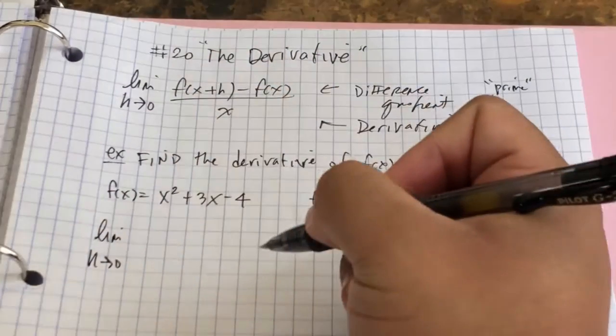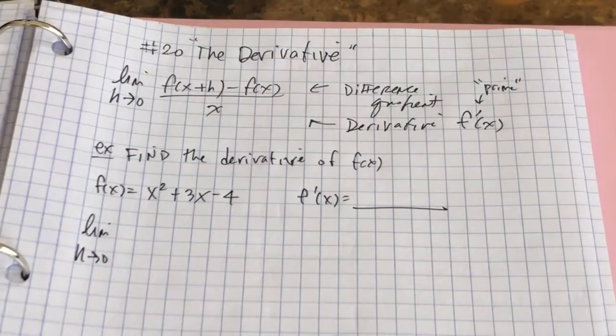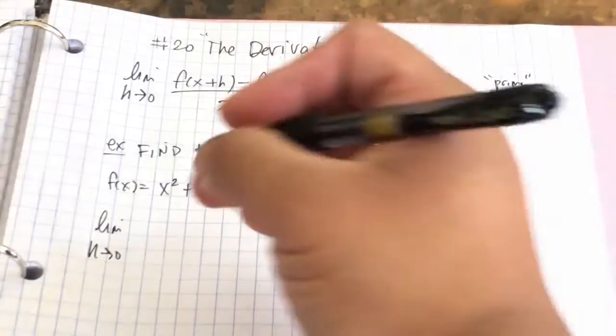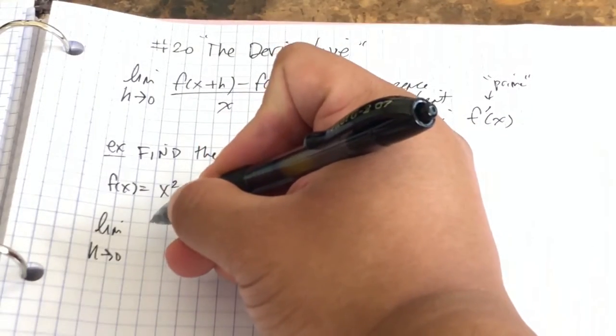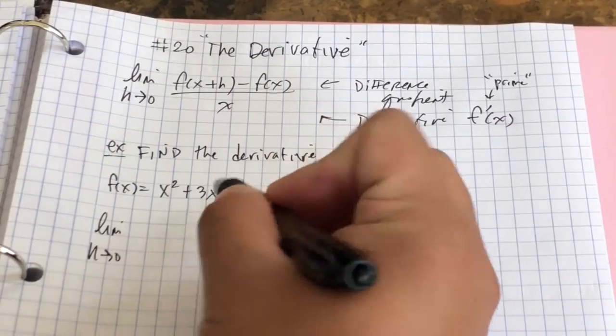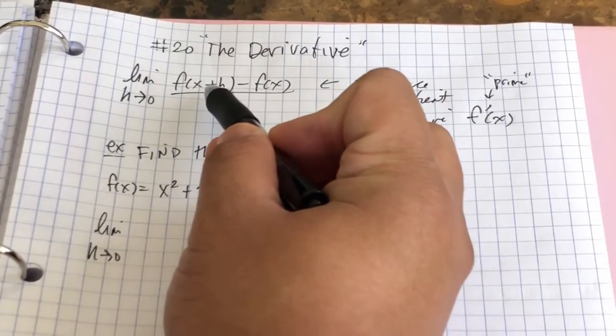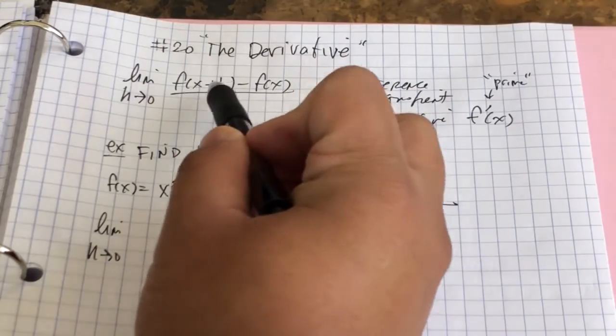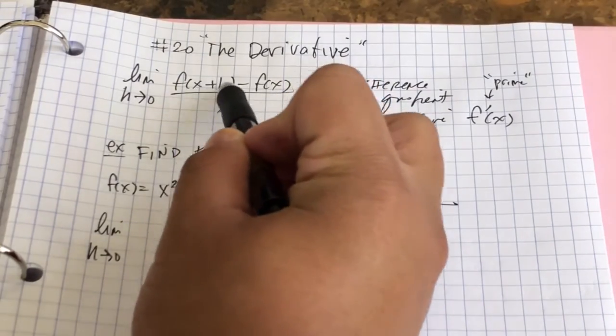Now, for those of you who have learned calculus before, please don't spoil what's about to happen. Anyway, so what we're going to type is, instead of x squared plus 3x minus 4, as defined by the difference quotient, it's going to be f of x plus h. It's no longer just x.